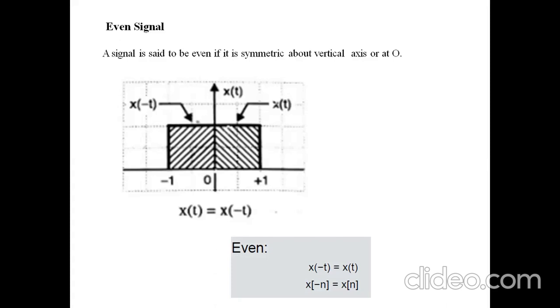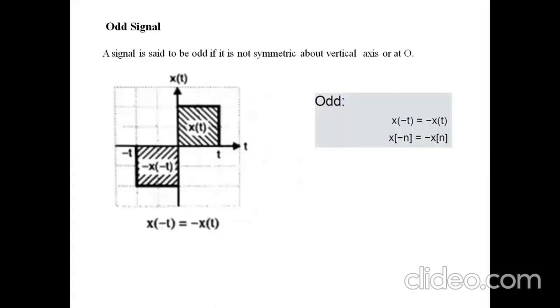Now, the odd signal. The odd signal is represented in a diagram. Here a square wave is represented on the negative side as well as on the positive side. You can define the signal as odd if it is not symmetric about the vertical axis.